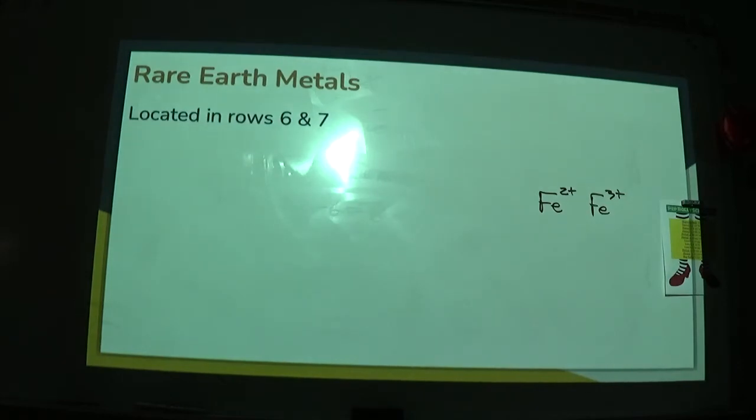The lanthanide series and the actinide series are also called rare earth metals. Basically, I never learned about them. They are a very, very niche part of chemistry, and I have an entire bachelor's degree in chemistry, and we did not talk about them once. I do know that people have studied them and know a lot about them. They're used in phones and all that kind of stuff, but I personally don't know a lot about them.